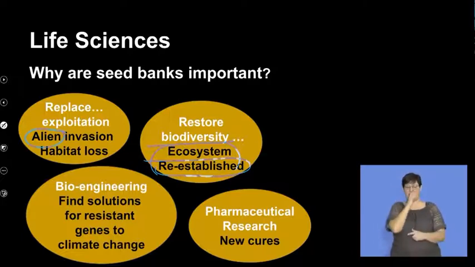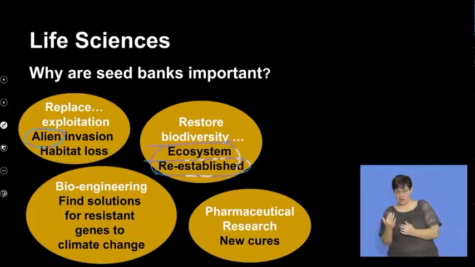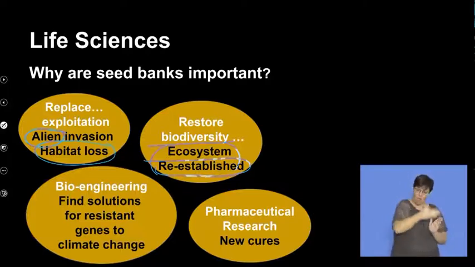No, alien plants that don't belong in a particular place, and they take over. We need to get rid of them and reintroduce our own endemic and indigenous plants. When habitats are lost, for example, the Amazon forest being cut down, we need to replace those that we lost. And where do we get it from? The seeds that we store.